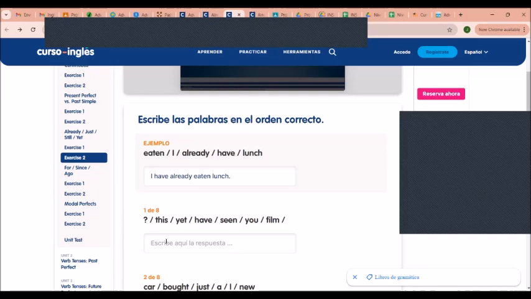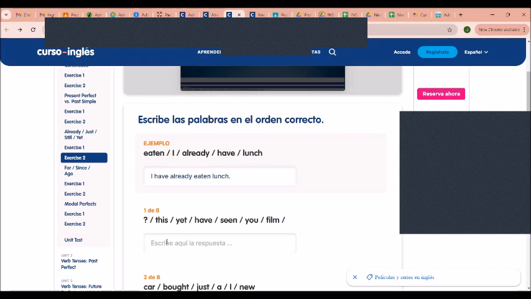Are you here with us? Sí, aquí estoy. Okay, go ahead, dear. How do we start the question? ¿Cómo iniciamos una pregunta?